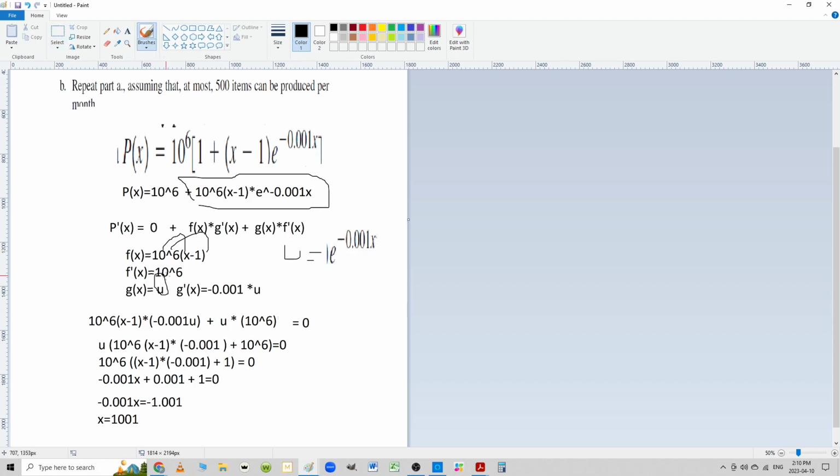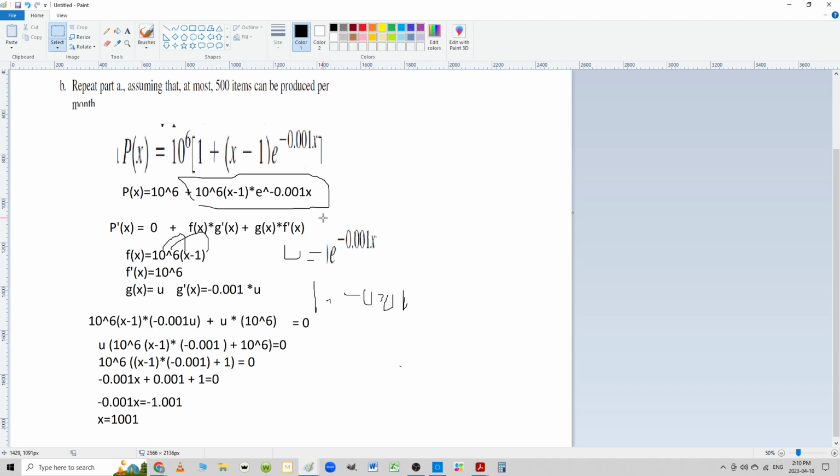But for me to get the proper derivative of g of x, if I take the derivative of that, it's the derivative of the base, ln e, which is 1. So it's 1 times the derivative of the exponent, negative 0.001, like that, times the exponent itself.